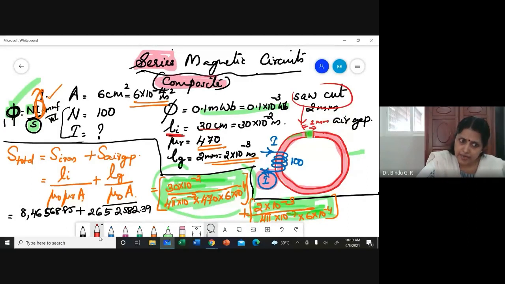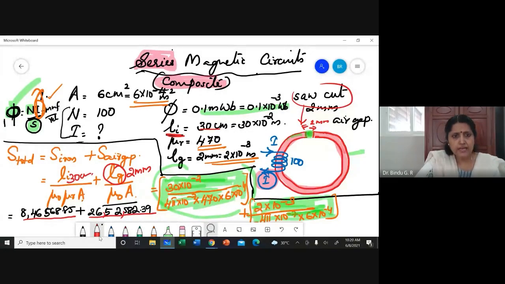The reluctance of the iron path is 8,46,000 something. The reluctance of the air gap or air path is 26 lakh something. Remember, the length of the air gap is merely 2 mm, whereas the length of the iron is almost 30 centimeters.